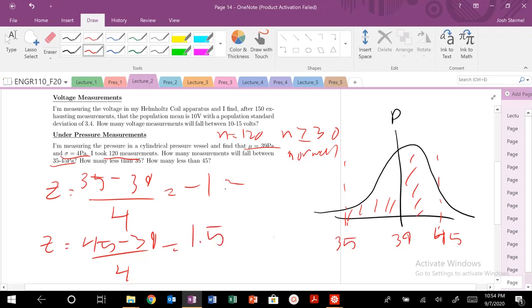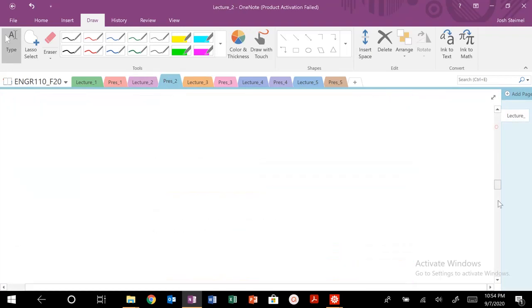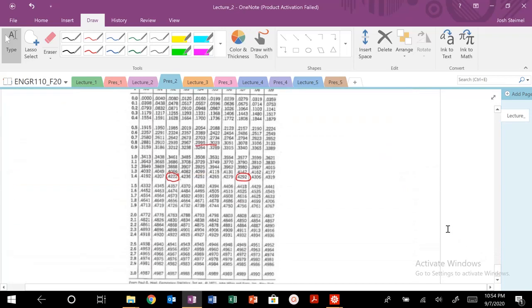So this corresponds to an area. For -1, let's go look back. -1 is equivalent to 1, and then 1.5 here. So 0.3413 plus 0.4332.